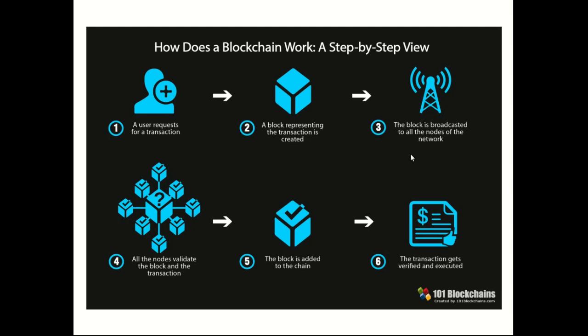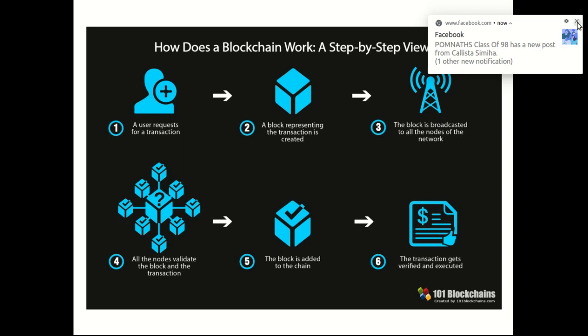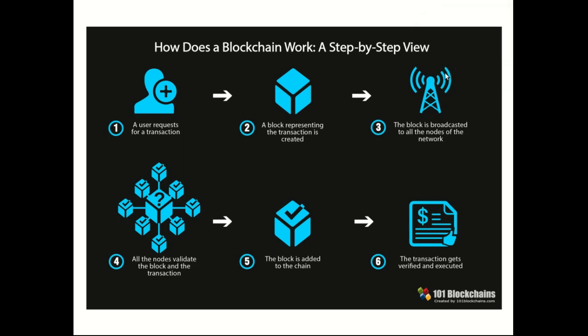Before we continue our discussion, I just want to discuss briefly how a blockchain works. Now, beginning with the user, a user requests a transaction of any sort, whether to send or to check their e-wallet balance, whatever the case may be. It begins with a request.